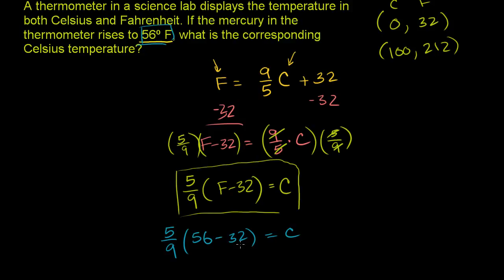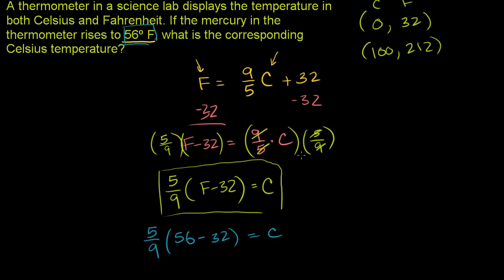So 56 minus 32, just so it looks a little bit more like we're going in this general direction. 56 minus 30 is 26, minus 2 is 24. So this is going to be 5/9 times 24, which is going to be equal to C.